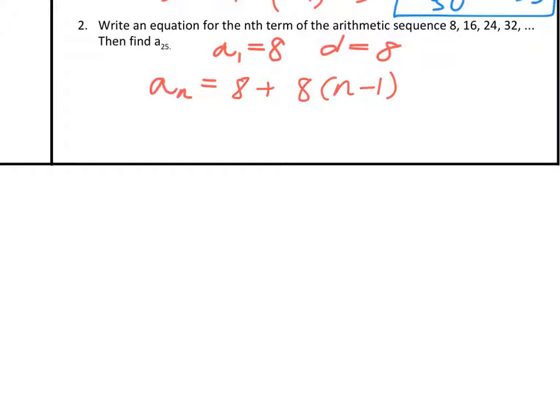Can you look at this? We have an equation that we've seen before that looks kind of like this. What does it remind you of? Where you have a number by itself and then another number times something with a variable.